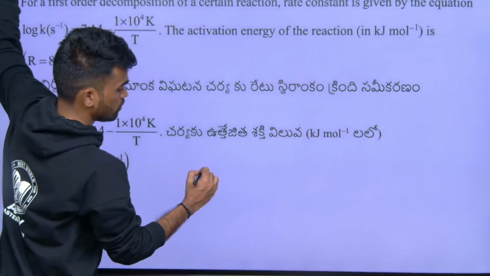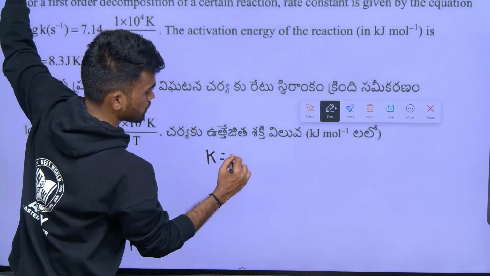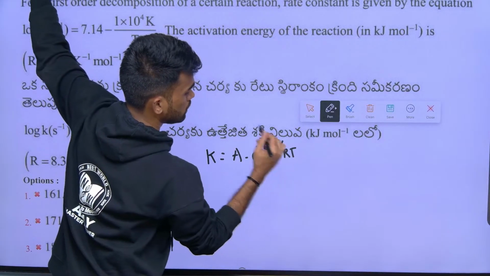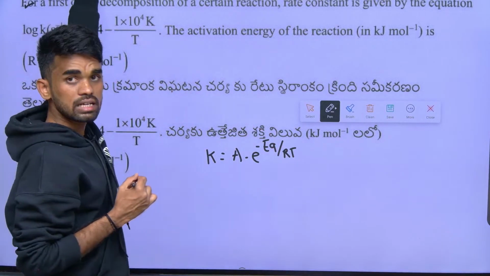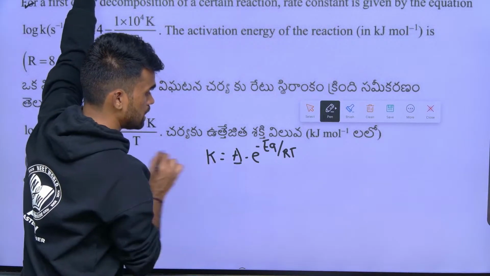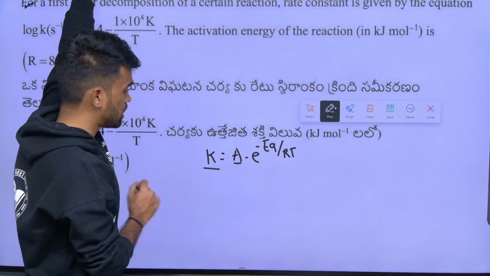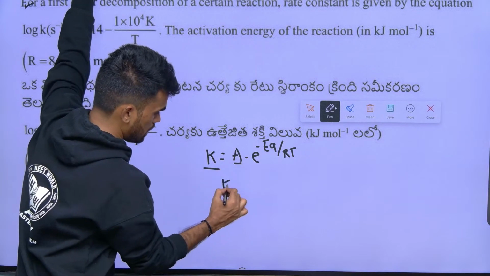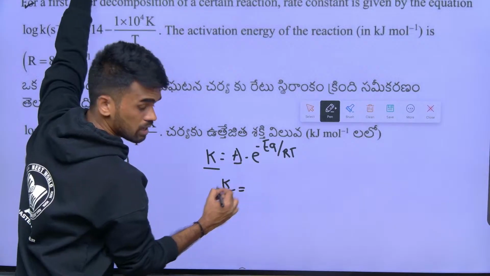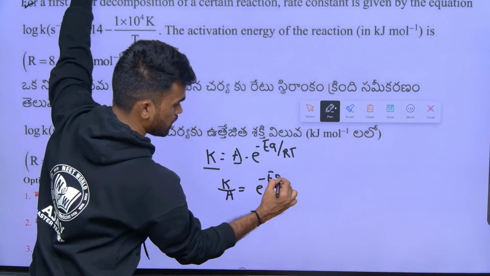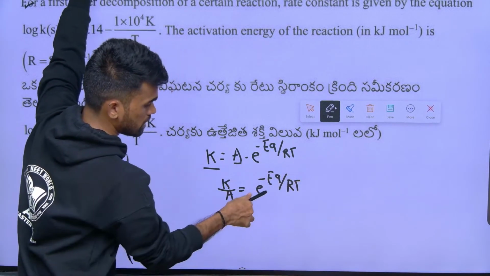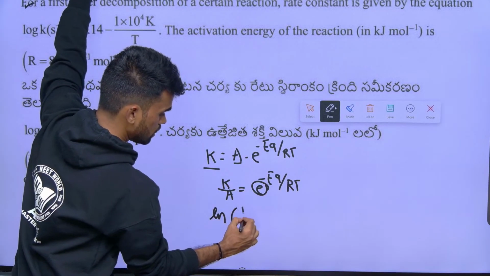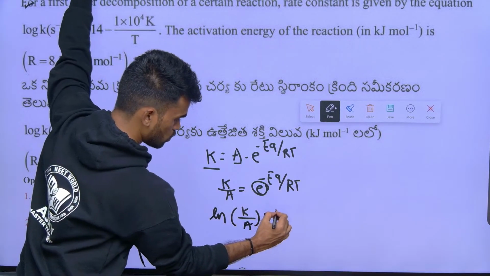The Arrhenius equation is given as K equals A e to the power minus Ea by RT. Here Ea represents activation energy, T represents temperature, A is the Arrhenius constant, and K is the rate constant. Sending this A over, K by A becomes e to the power minus Ea by RT. Now taking the log on both sides, we have ln K by A equals minus Ea by RT.